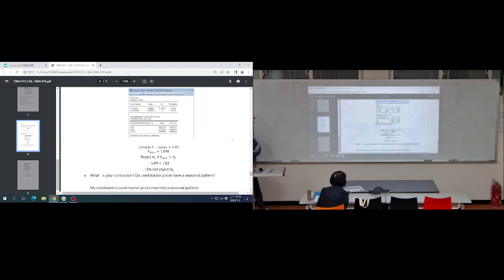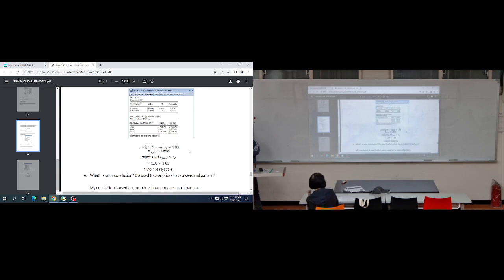Actually, you can see the probability. You can see from the probabilities, but you wanted to do the critical value approach, right? So you need to find the correct critical value from here. How did you locate 1.83? I think I may find the wrong number. From tables.